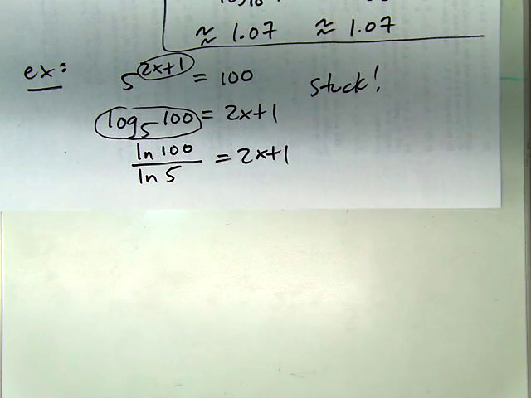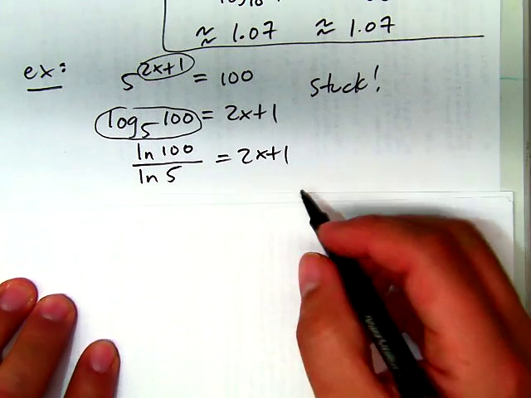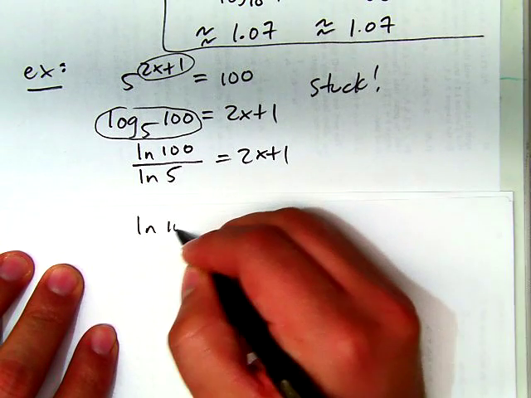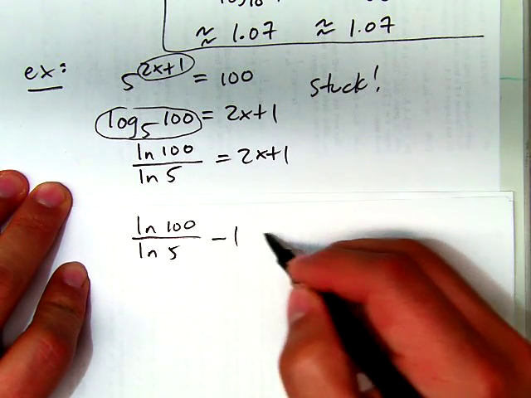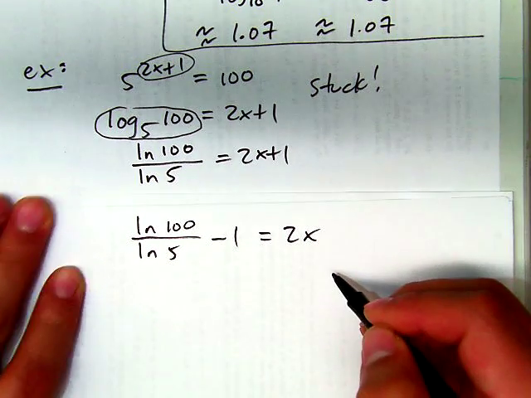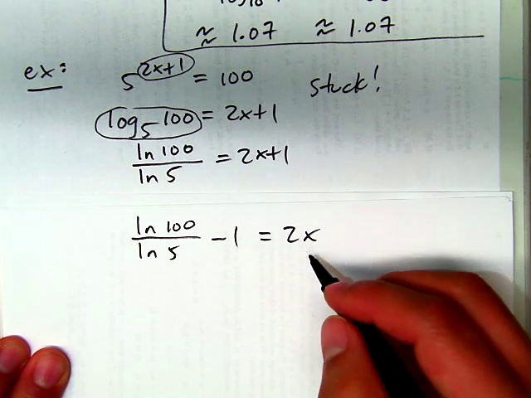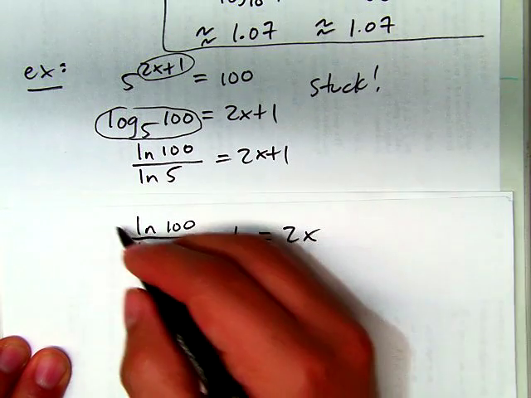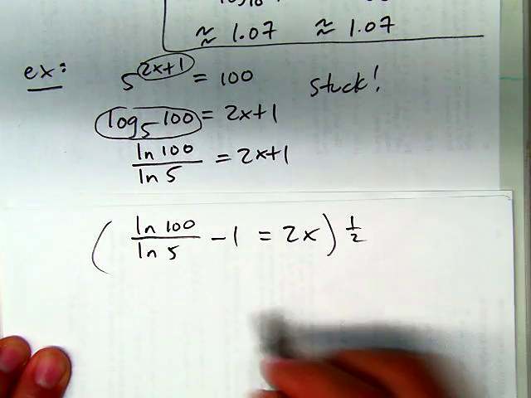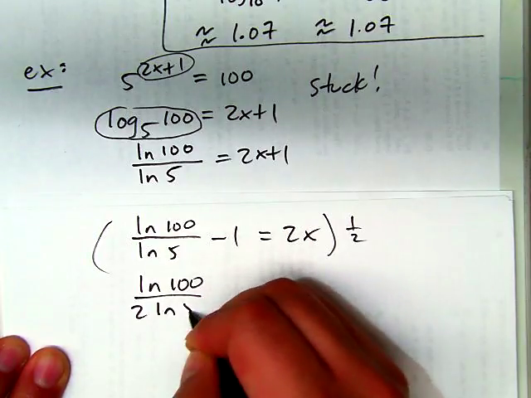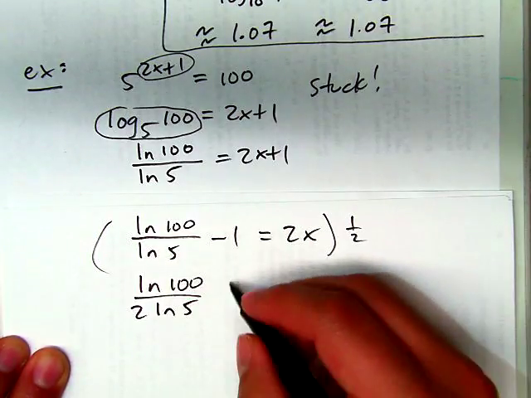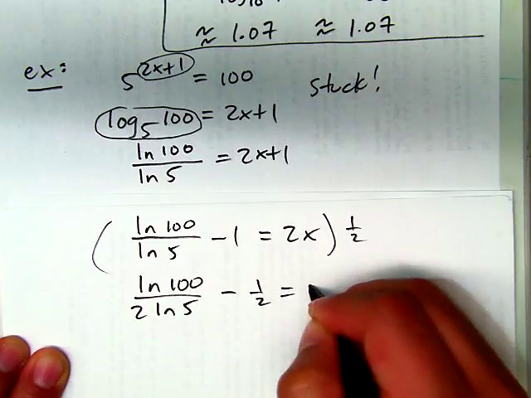Okay. So then now, if I wanted to finish solving, I would have to subtract 1 and then divide by 2. So if I divide by 2, that's the same thing as multiplying by a half, right? So I would say natural log of 100 over 2 natural log of 5 minus 1/2 equals x.